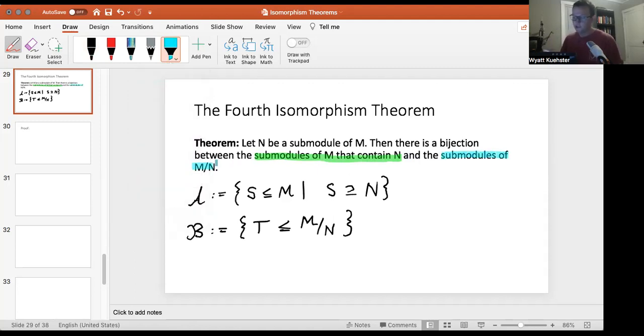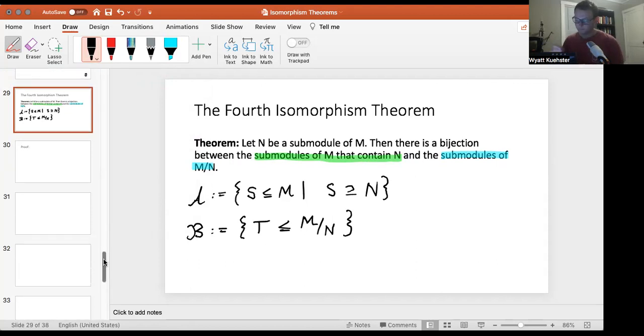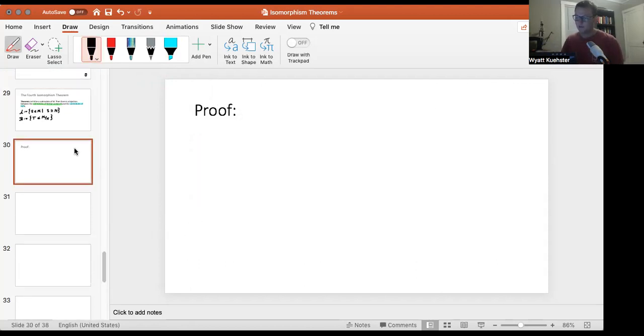And the thing that I need to show in this theorem is that A is in bijective correspondence with B. So I need to show a bijection phi from fancy A to fancy B. Okay, so what is this bijection going to be?